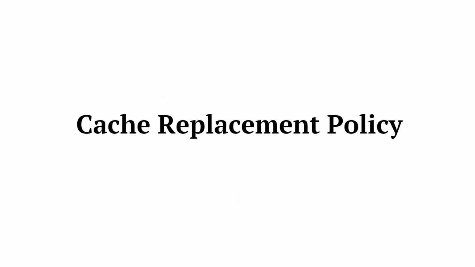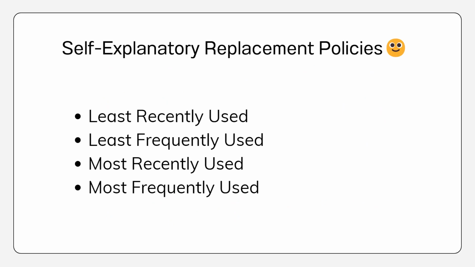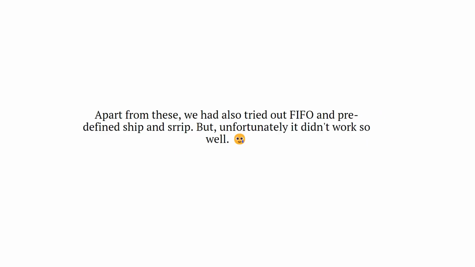Next, let us look at the cache replacement policies which we have implemented. So basically, we have implemented the self-explanatory replacement policies that are LRU, LFU, MRU, and MFU. As the name suggests, LRU stands for the least recently used block will be removed when it is marked as a victim.